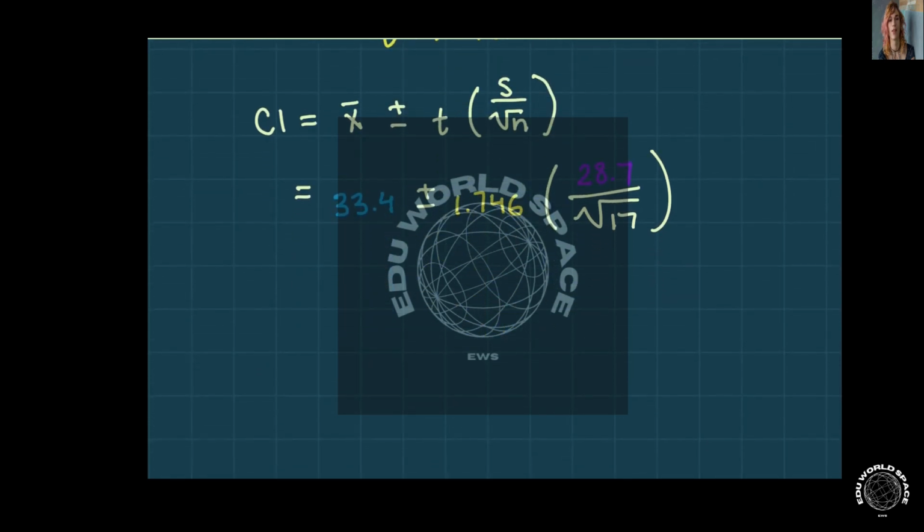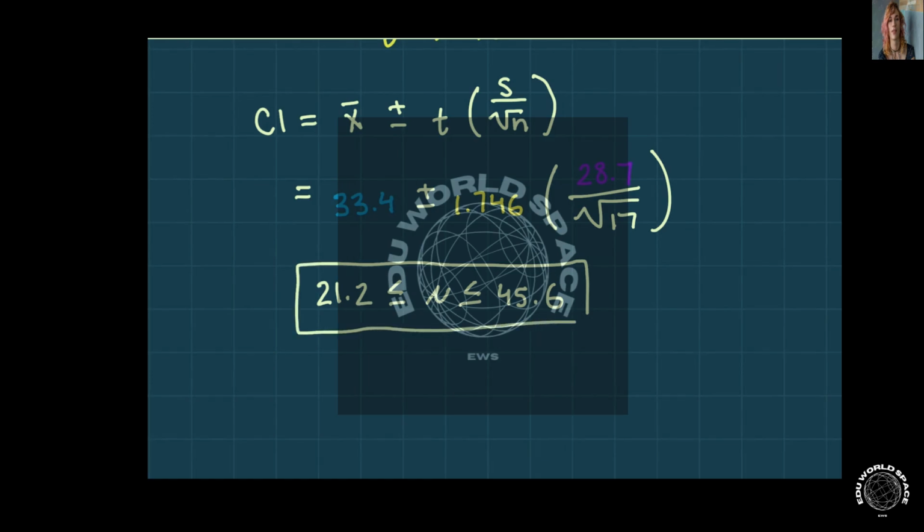If you've done it correctly, your range should be 21.2 less than or equal to mu less than or equal to 45.6. And that is our confidence interval at 90% for the average age of a woman representative.